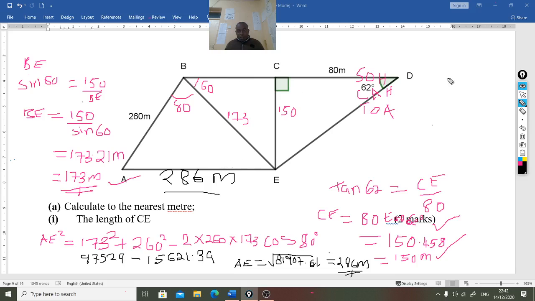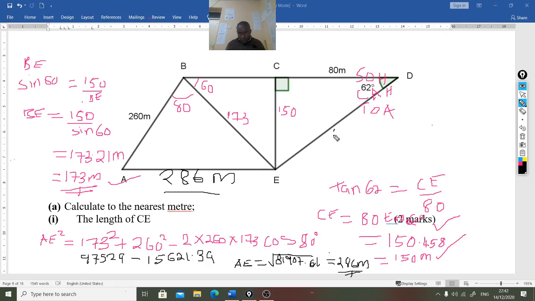So for the perimeter, I find DE. Using Pythagoras, it is the square root of 80 squared plus 150 squared. The square root of the answer gives me 170.